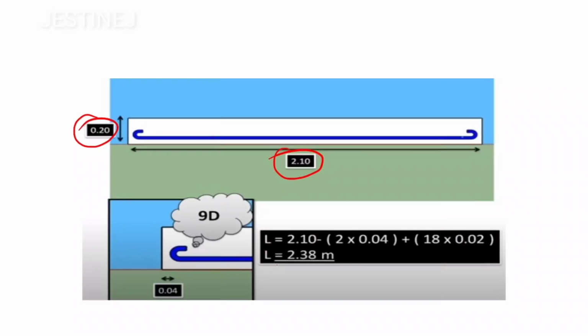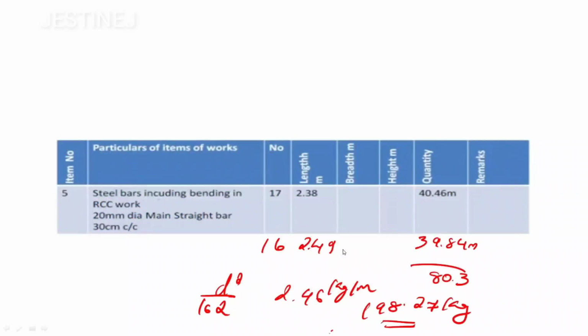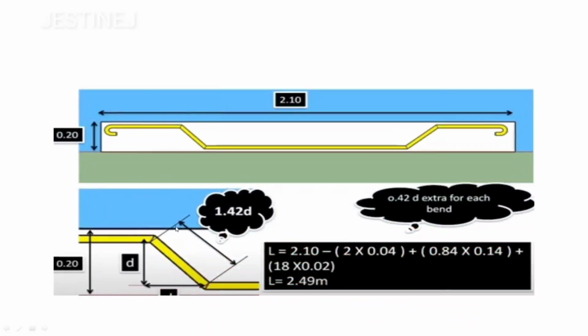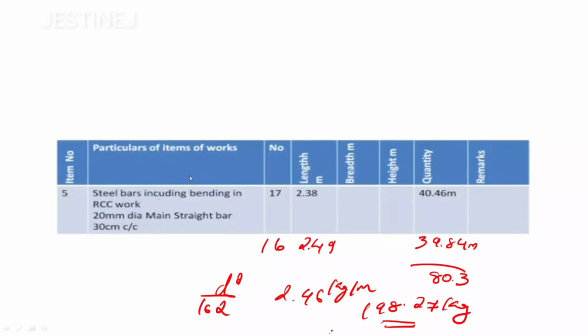The total length is going to be 2.1 minus clear cover, then you have to add 2 into 9 into D. With 20 mm diameter provided, the length is going to be 2.38 meter. So with 17 numbers of 20 mm dia straight bars, 17 multiplied by 2.38 gives 40.46 meter.